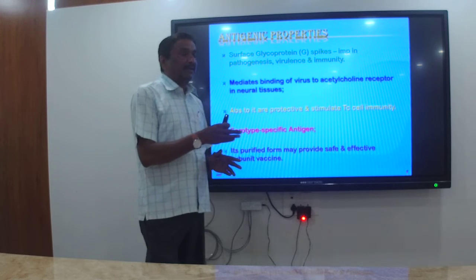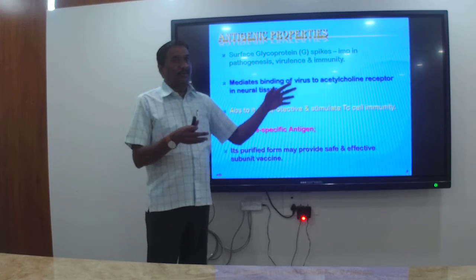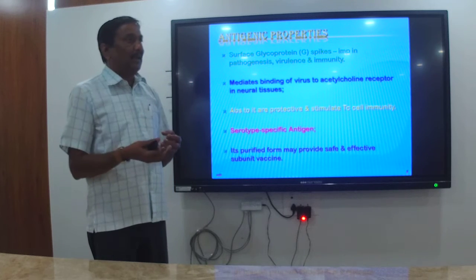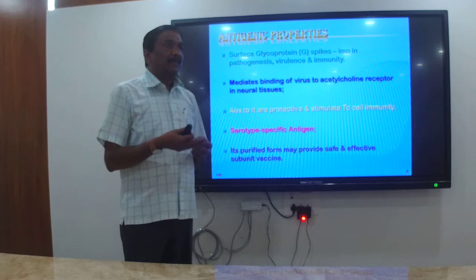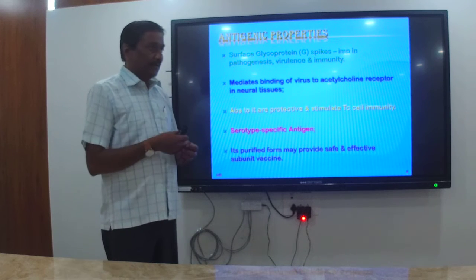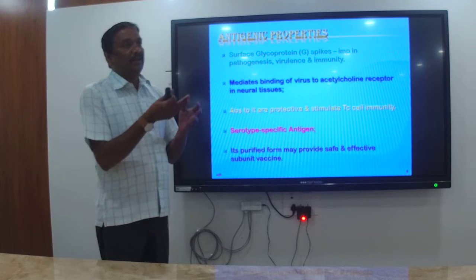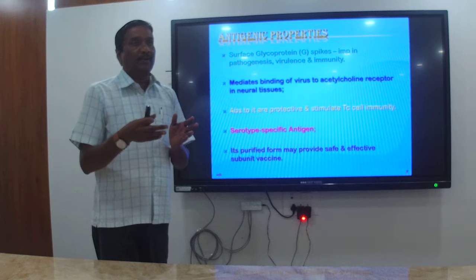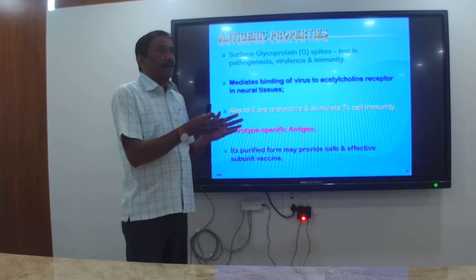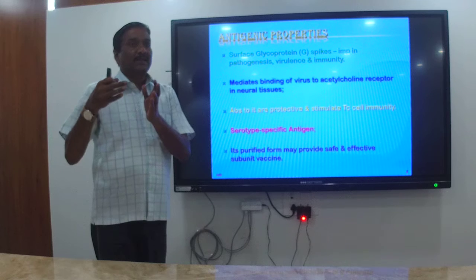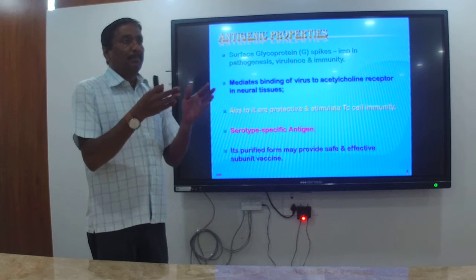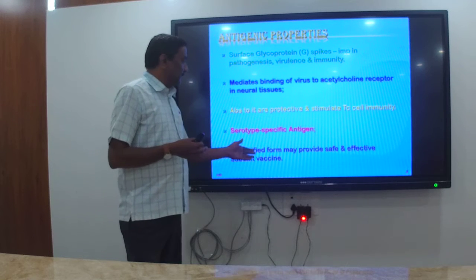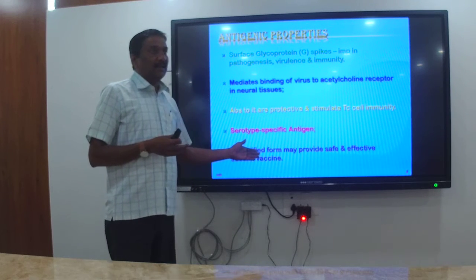It is a subunit vaccine where the glycoprotein spike has to be extracted from the virus, purified and stabilized, and then it can be given as a safe vaccine against rabies. The rest of the vaccines do have certain side effects or contraindications because they are prepared in neural tissue or in some other host, where certain components of the host may interfere in the immunity of the host. So this becomes the most effective vaccine against rabies.